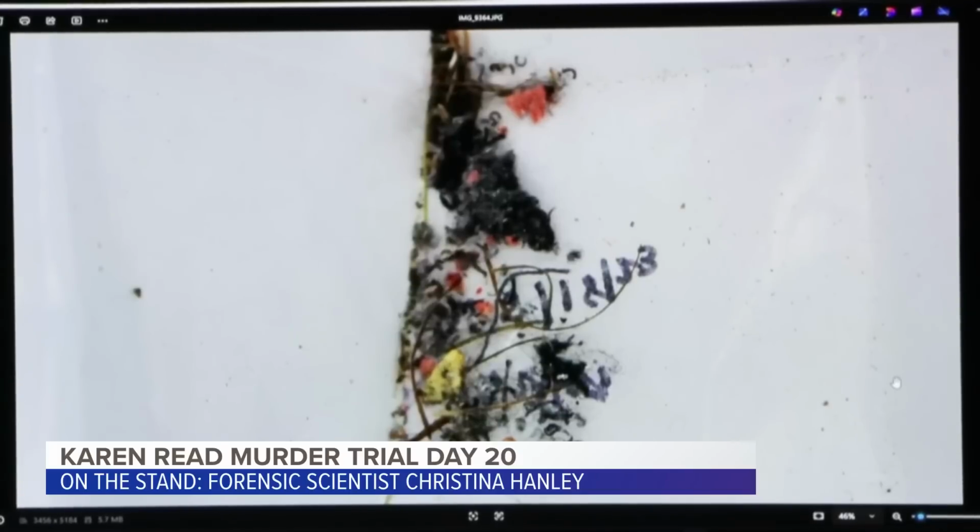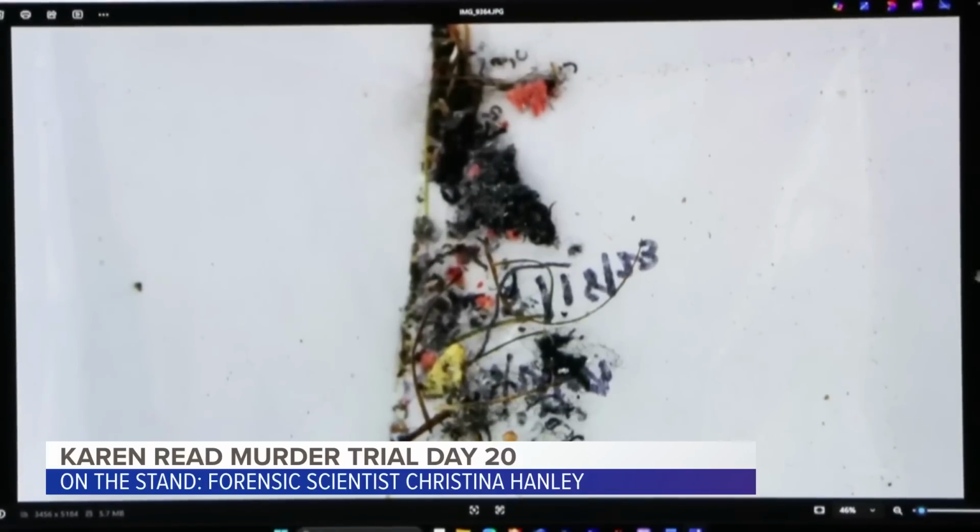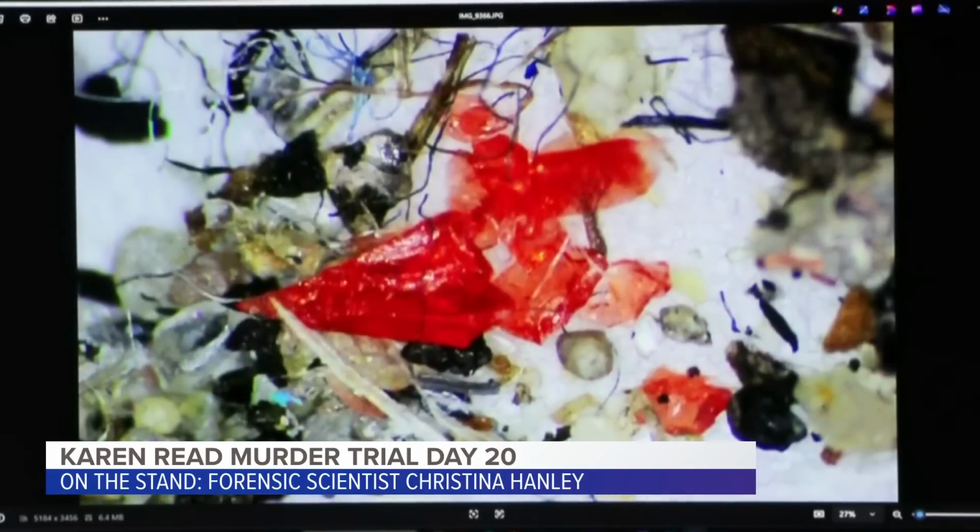Ms. Gilman, if I could have 9366. And again, Ms. Hanley, what are we looking at here? This is a photo that I took under a microscope of the red plastic pieces that I noted within the debris.